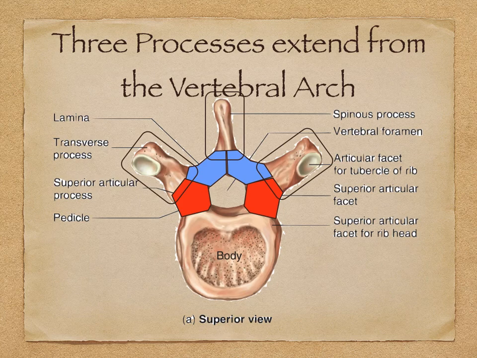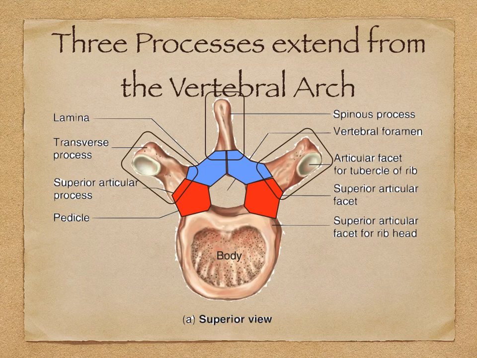So together, that's a total of 7 objects that you would want to be able to locate on each and every vertebra. The body, the vertebral foramen, the vertebral arch with its 2 pedicles and its 2 lamina, the spinous process, and the 2 transverse processes.